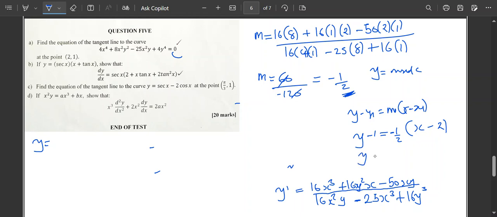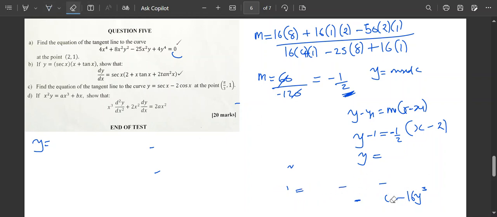So that will be y is equal to, but before that, let us hold on a bit there. Now we distribute that side.